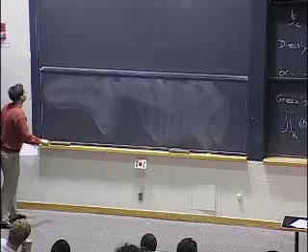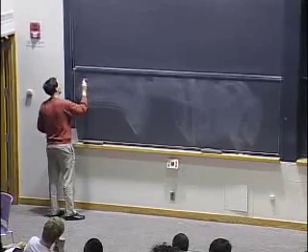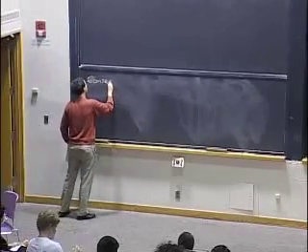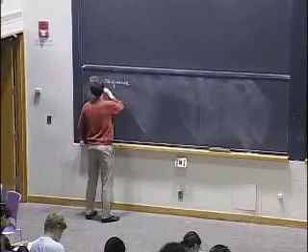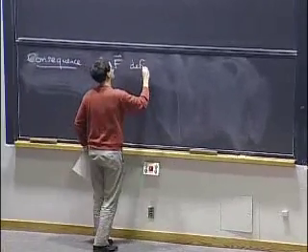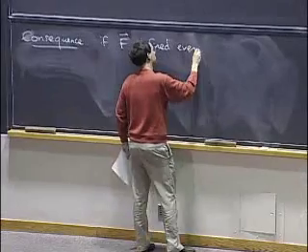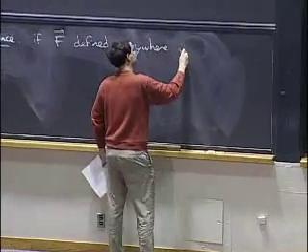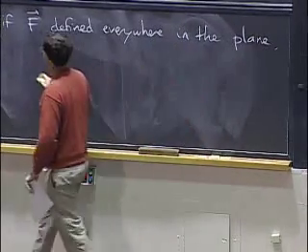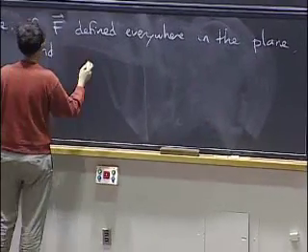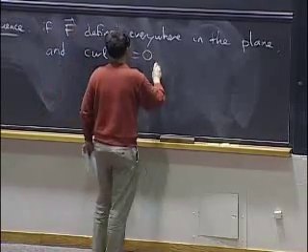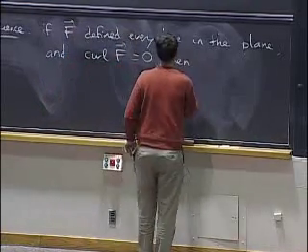So, okay. So a consequence of Green's theorem is that if F is defined everywhere in the plane, and the curl of F is 0 everywhere, then F is conservative.